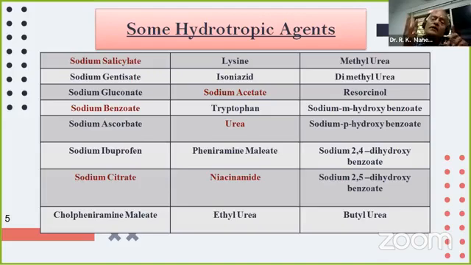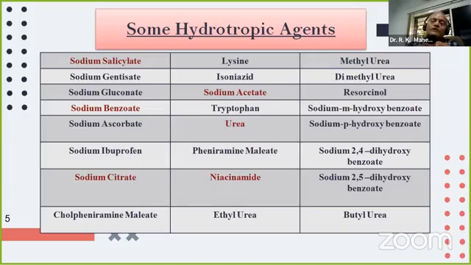This is one example of hydrotropic solubilization. Urea is one of the hydrotropic agents. Another example, the solubility of salicylic acid in water at room temperature is about 0.3% weight by volume.